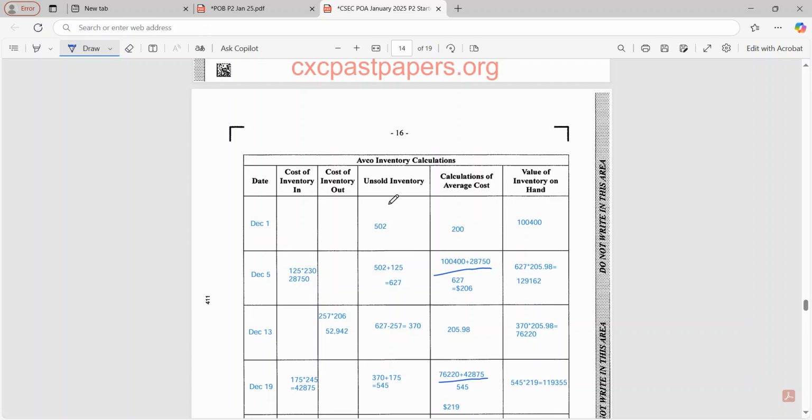We're going to add the number of units that we had before with the number of units that we just purchased, which gives us 627. Then we're going to add the value of inventory on hand from the period before, which is our opening balance, plus the ones that we purchased, 28,750, divided by the number of units, which gives us an average cost of $206.